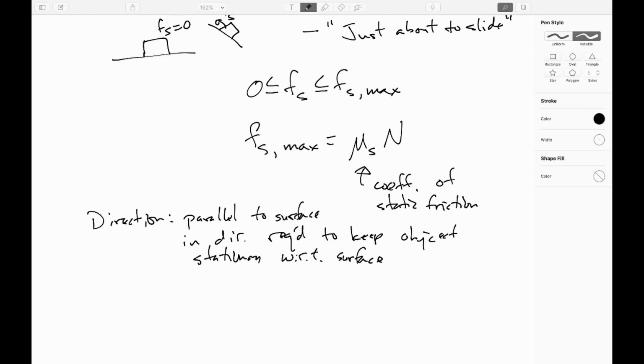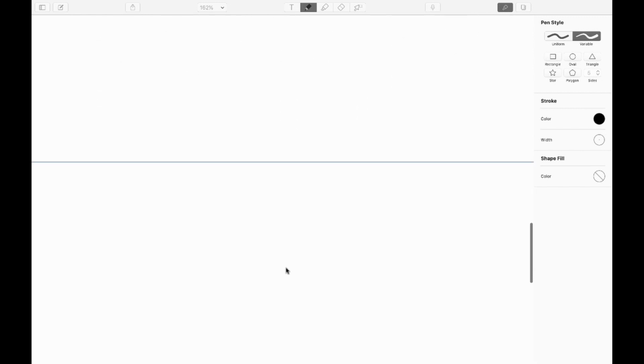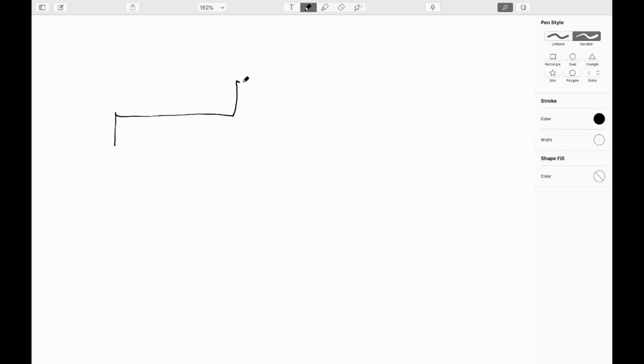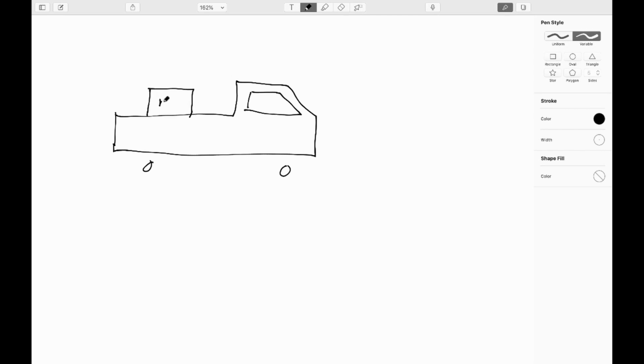All right, so let's do a quick example for finding our force of static friction. Let's just imagine that we got a box in the back of a pickup truck. Yes, my pickup trucks look even worse than my cars, so just deal with it. So there's the box, there's the pickup truck, there's the box sitting in the bed of the truck.